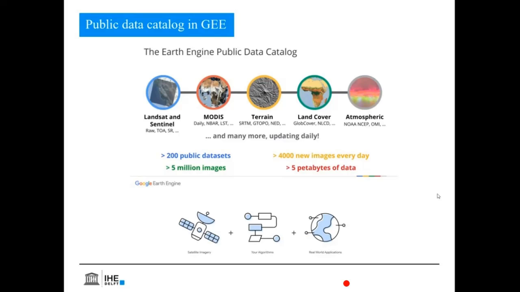All the MODIS products are there. A lot of DEMs, SRTM is there, the ALOS DEM is there. Some land cover data sets, a lot of atmospheric data sets, and climatic data sets are there. So there's a public data catalog on the website. You can go through that page and see what data sets are available, and we will see how to call each data set later.